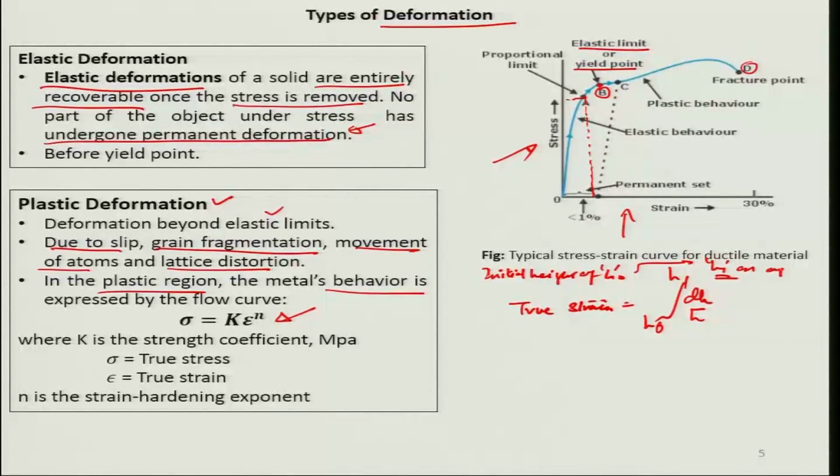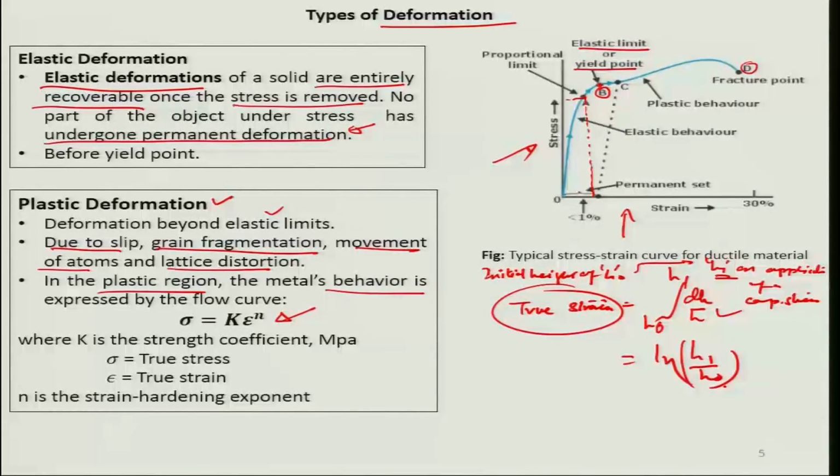So on application of a compressive stress, the true strain in this case can be recorded as the integral from h0 to h1 of dh by h. Okay, so you can represent this by ln h1 by h0, which can also be recorded as minus ln h0 by h1, where h0 obviously is more than h1 in this case, because it's a compressive stress system that we are applying.